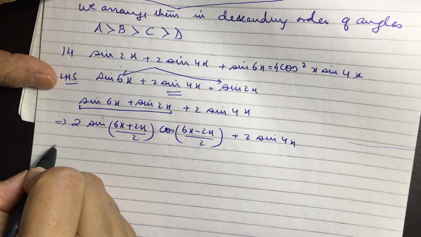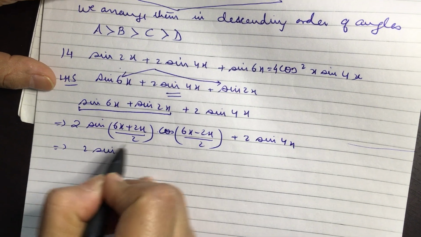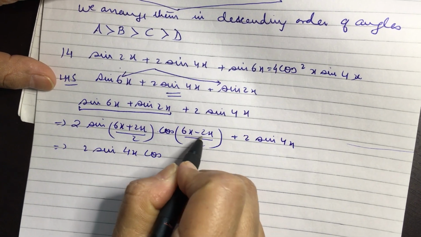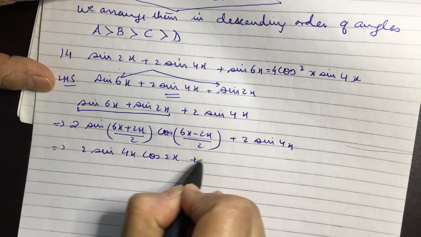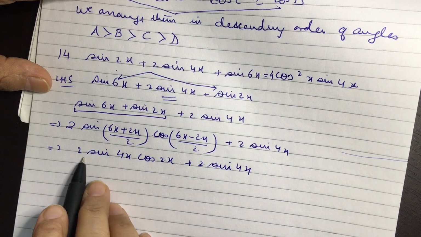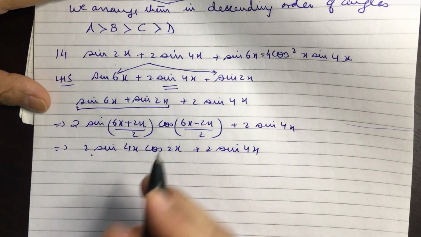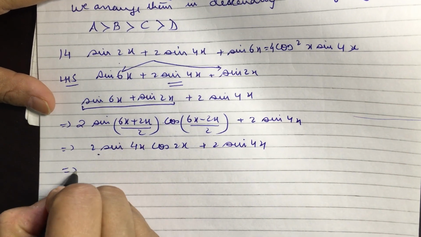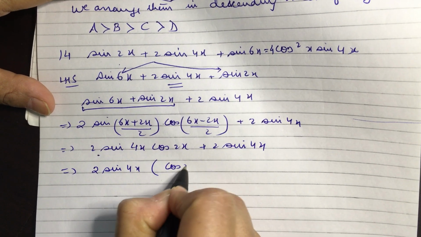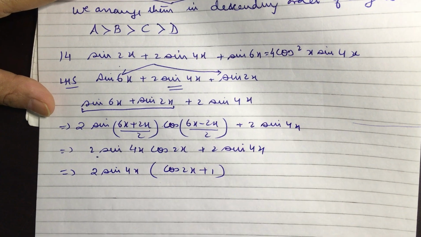Now this gives us 2 sine 4x cos 2x, since 8x by 2 is 4x and 4x by 2 is 2x, plus 2 sine 4x. If you observe carefully, 2 sine 4x is common to both, so we write 2 sine 4x common. You are left with cos 2x plus 1.